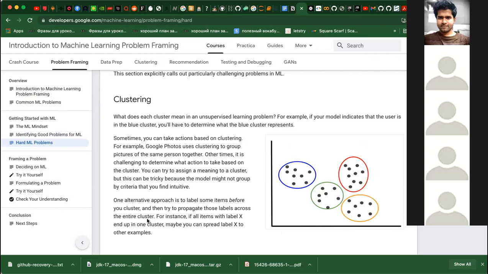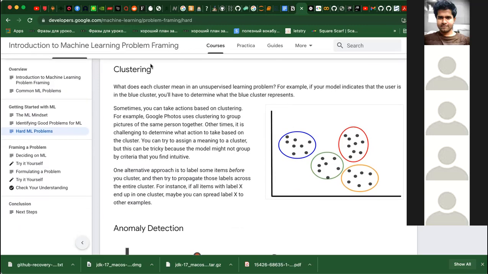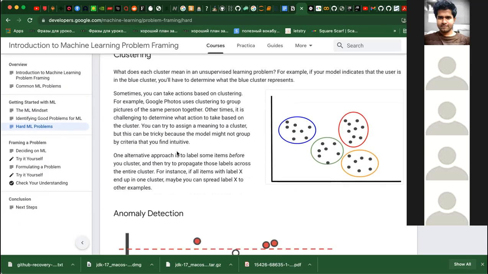They suggest to label some of the data, which helps to propagate these labels into groups, and then you have some hints what this group represents. But we will learn clustering later on in more detail.